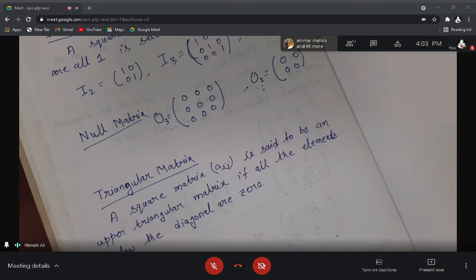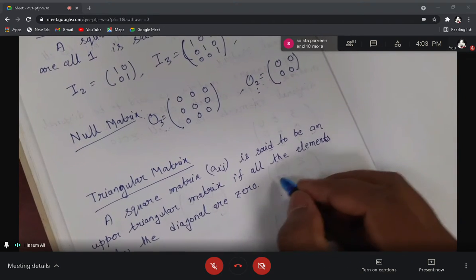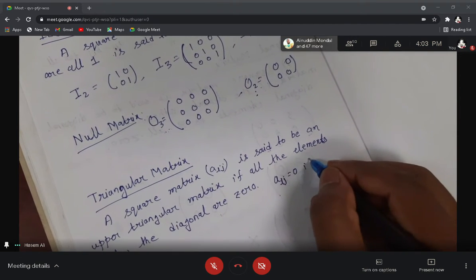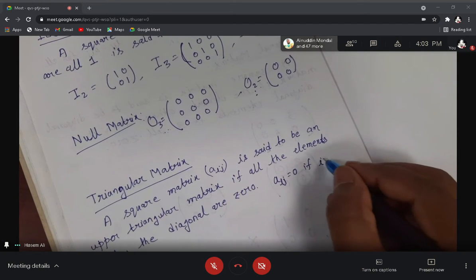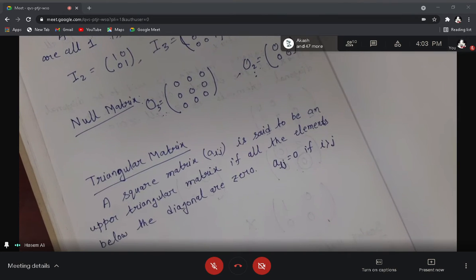In notation, Aij equals 0 if i is greater than j.